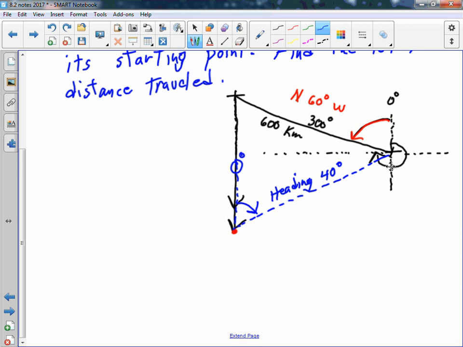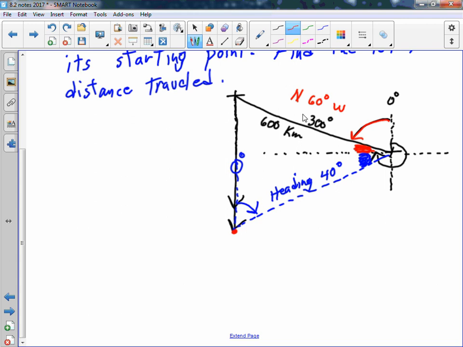Well, now we have our triangle, and let's think about this. This angle is 60. This angle is 300. This little angle, and I'll just put it here in blue, is 40. So then we would say, well, what's this angle in here in red? Right there. Okay.